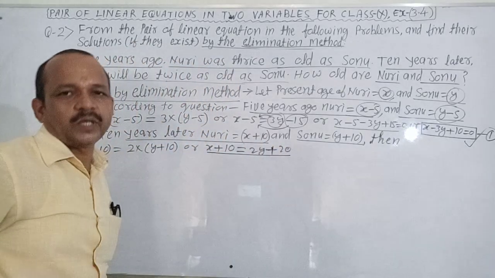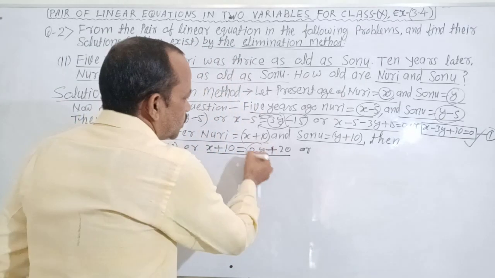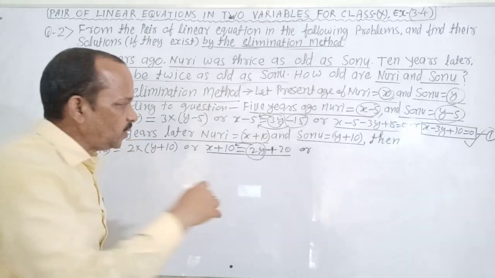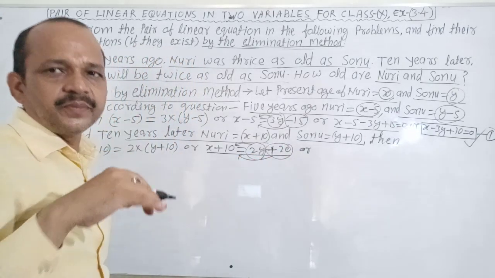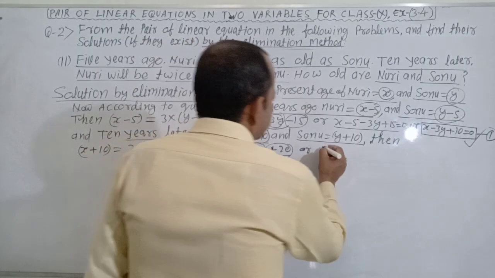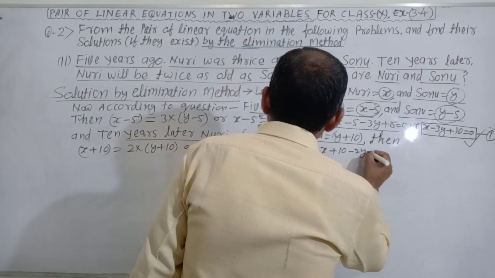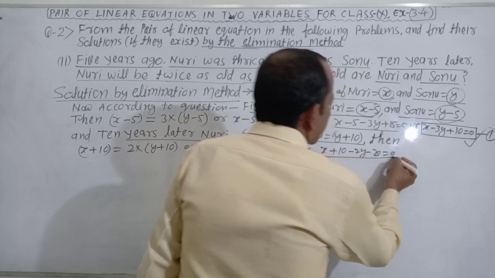Here 2y you can write on the left side of equal, and 20 you can write on the left side of equal. It becomes x plus 10 minus 2y minus 20 equal to 0.